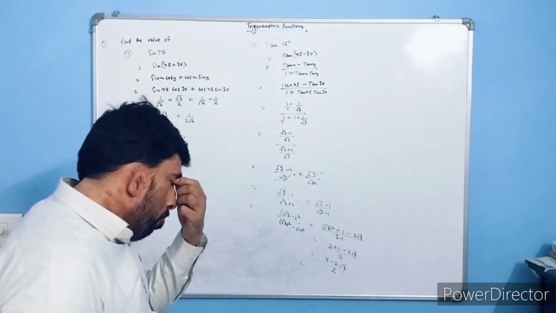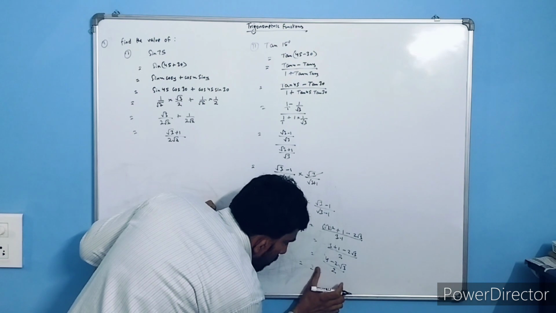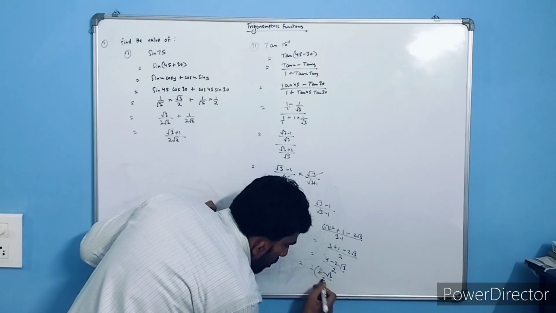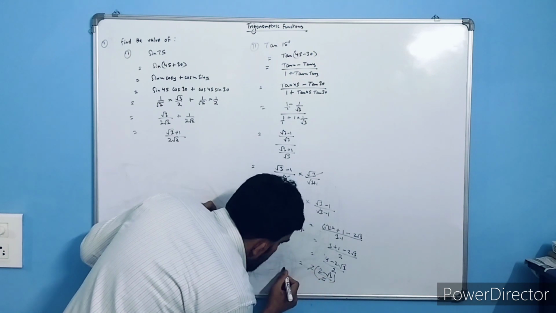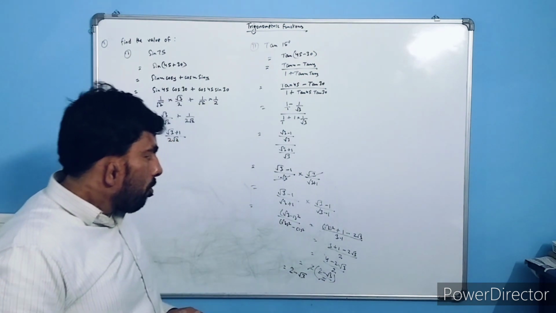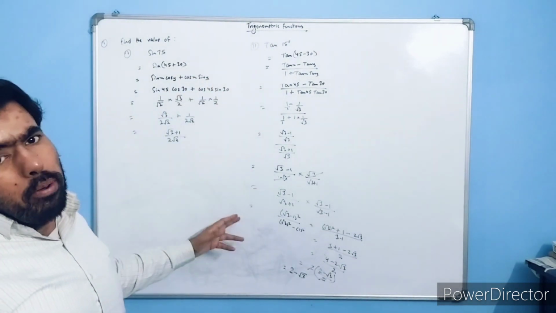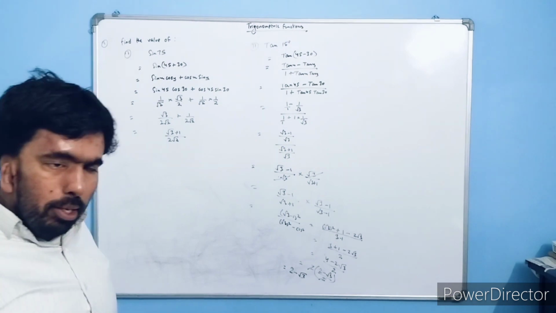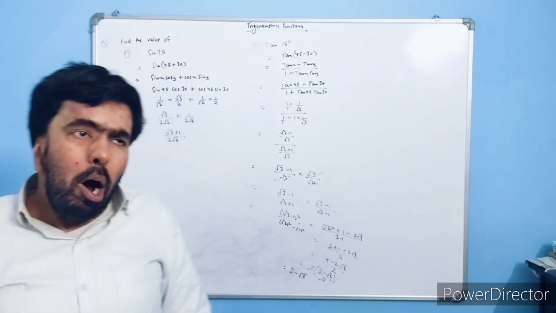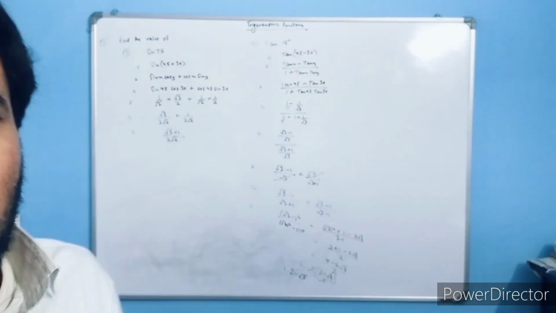We can take 2 common from the numerator. So what is left? My final answer is 2 minus root 3. Okay? So likewise, we can solve such kind of numericals. So I hope it's now clear to you how we can apply these formulas.